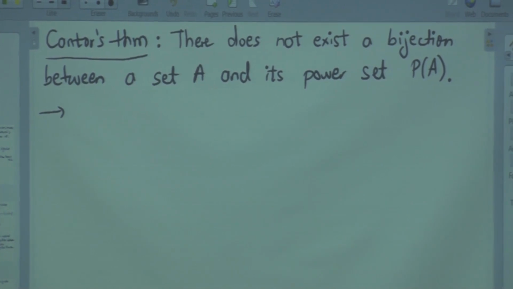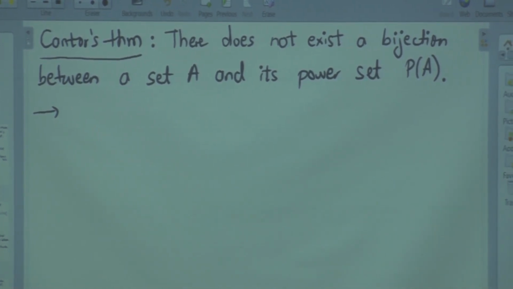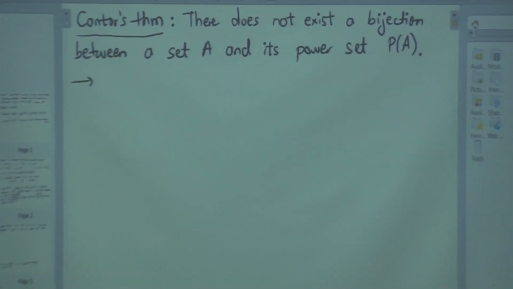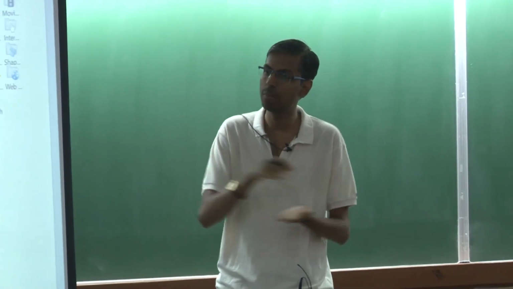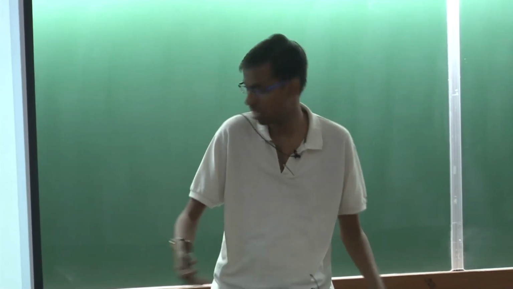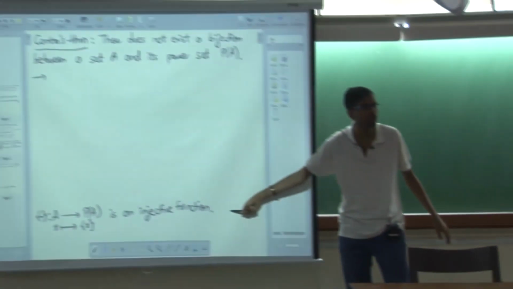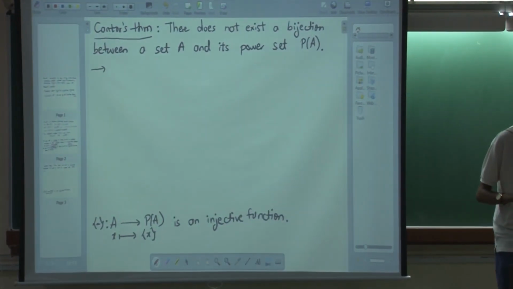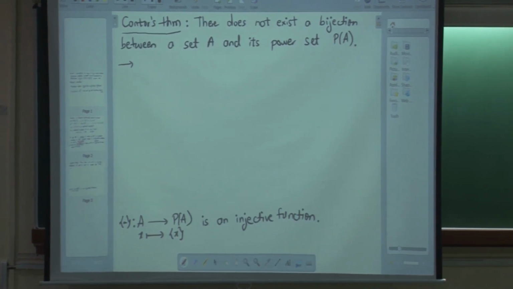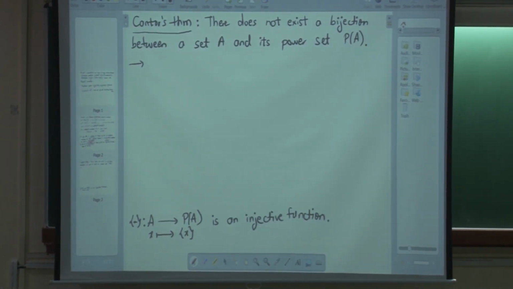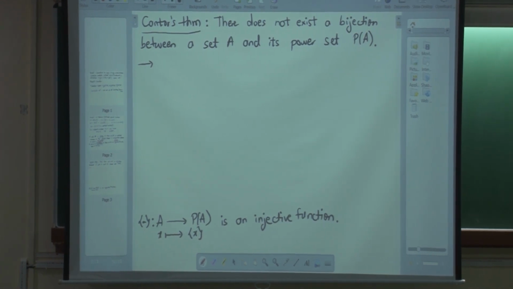So if you take an injective function from A to PA, you are saying that after some time the elements of A will be exhausted, but the elements of the power set will not be exhausted, as is the case with this particular injection. However, still that is not a proof. You have to show this for every possible injective function that it cannot be a surjection.